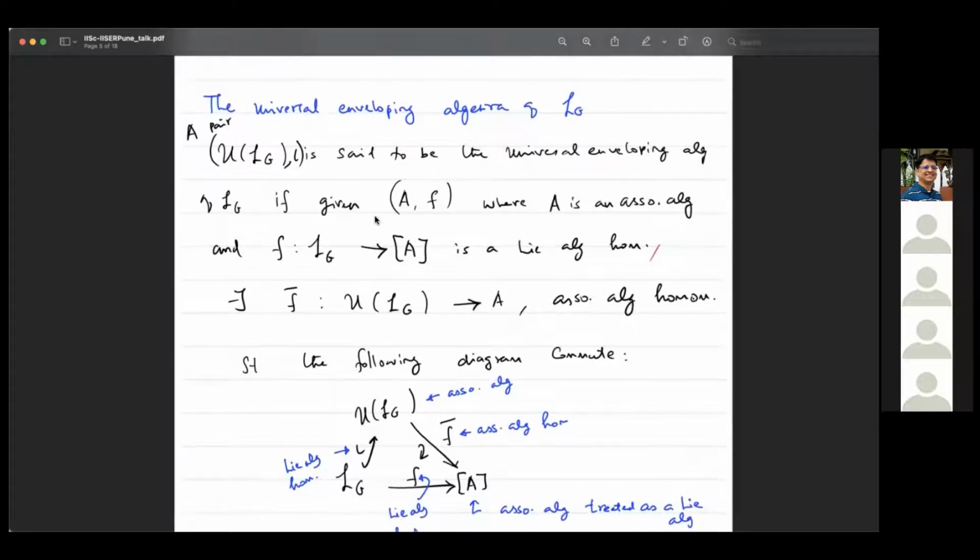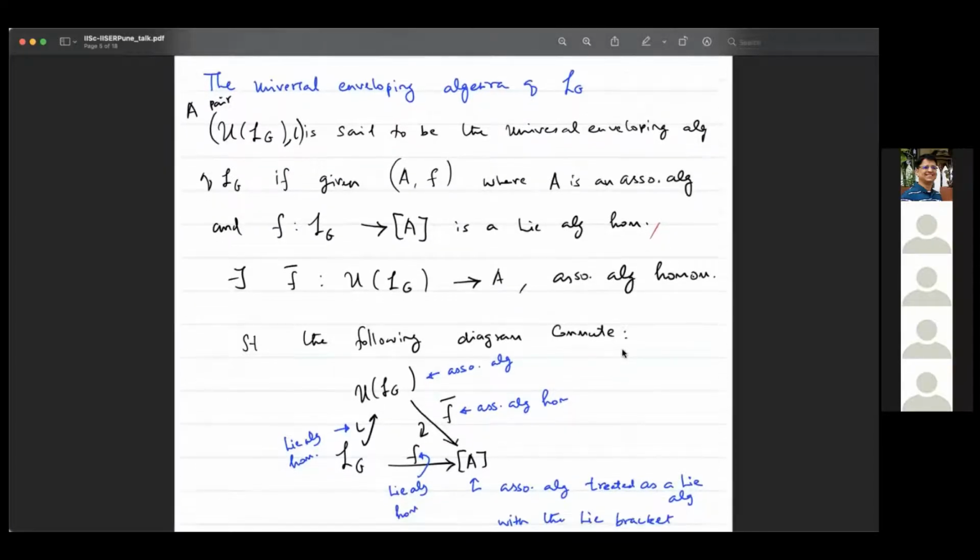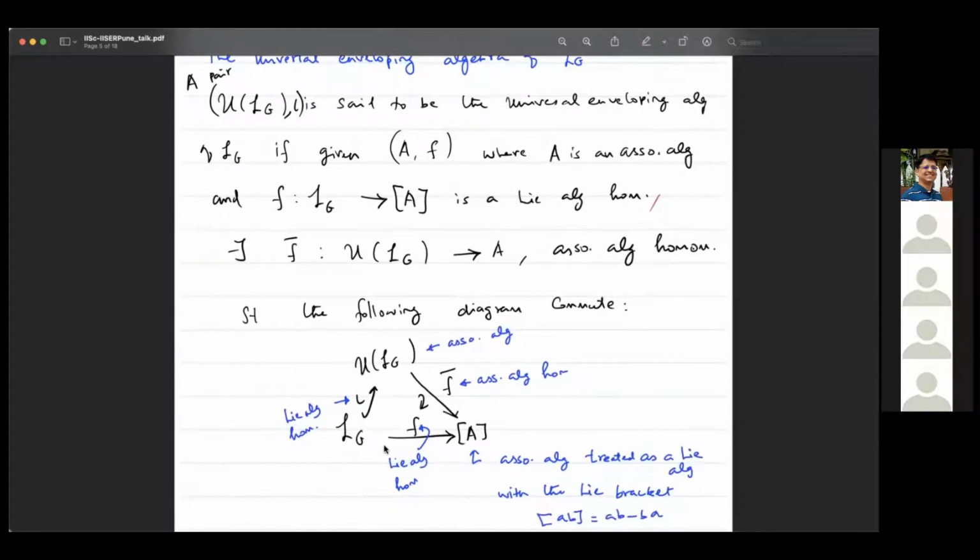Okay, so here is the definition of the universal enveloping algebra. It is actually a pair where LG is embedded inside this universal enveloping algebra. And given any Lie algebra homomorphism from LG to an associative algebra, which is treated as a Lie algebra with the Lie bracket [A,B] equal to AB minus BA, this map F can be lifted to F bar so that this diagram commutes.